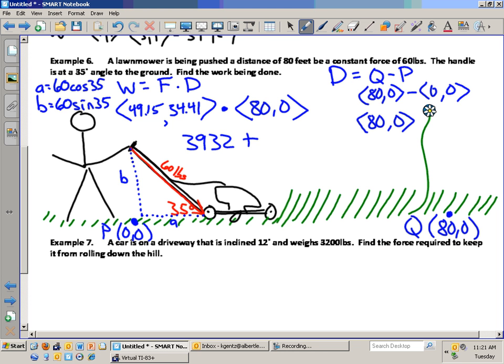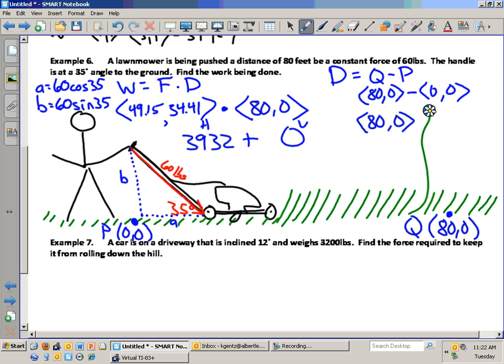Plus, I have to take 34.41 times 0, which is 0. So this represents the horizontal portion of the work and then the vertical portion of the work. We have no vertical component to our work at all because it hasn't moved at all vertically.